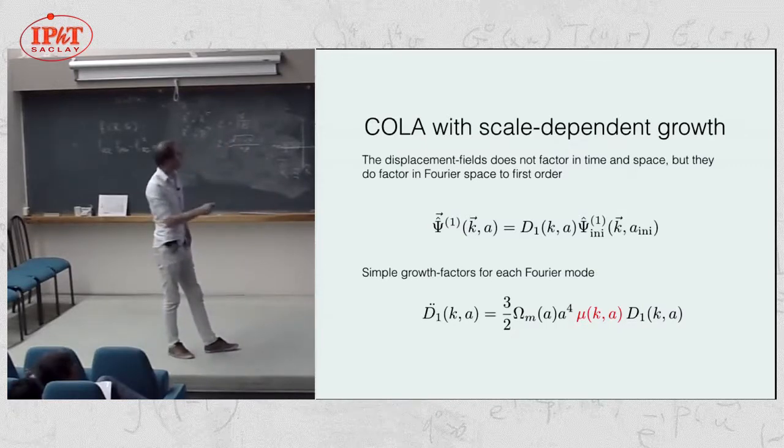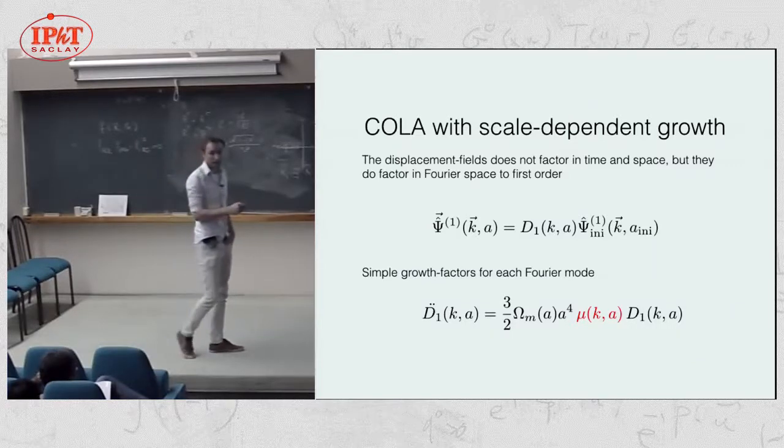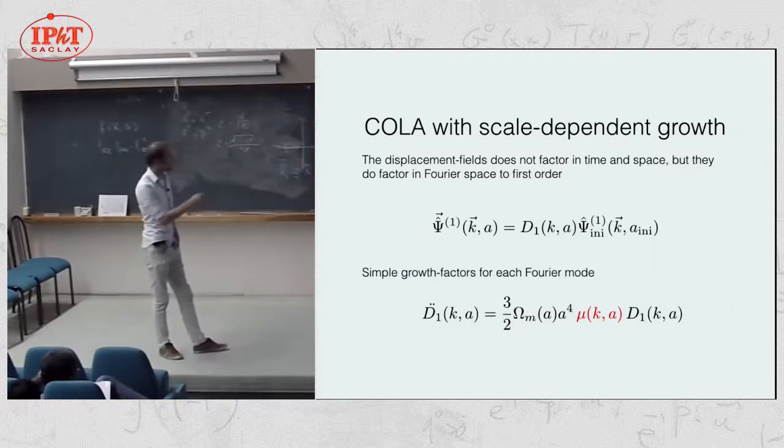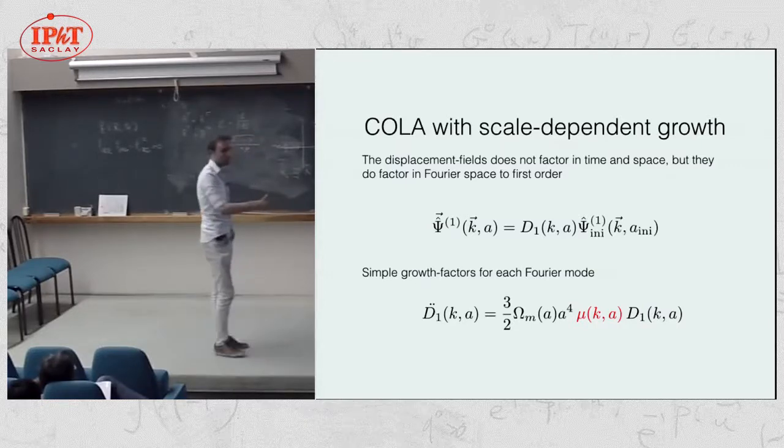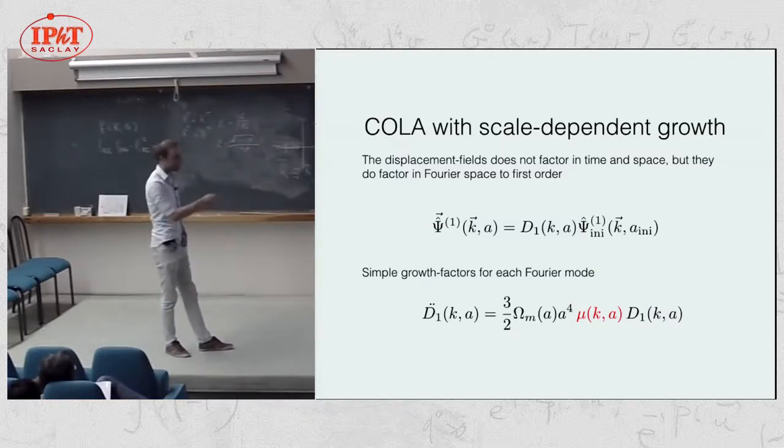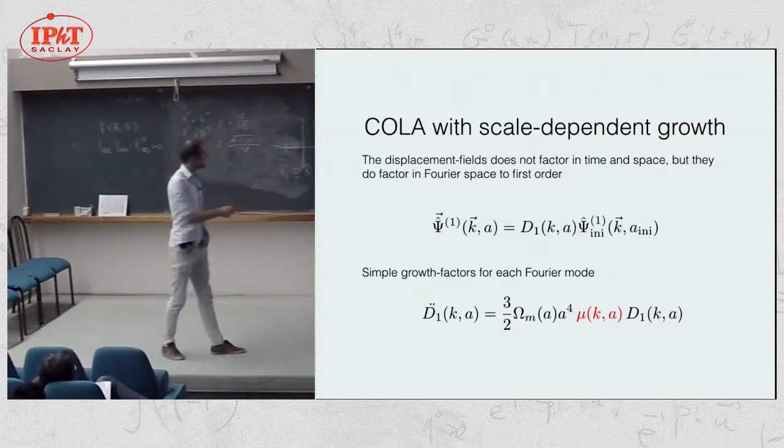If you go to general theories where you have scale dependence, it's a bit more complicated as it doesn't factor in configuration space, but it does factor, at least at first order, in Fourier space. So instead of having one growth factor, now you have one growth factor per k mode. But that's not too bad because it's easy to compute and store and then get this displacement field.